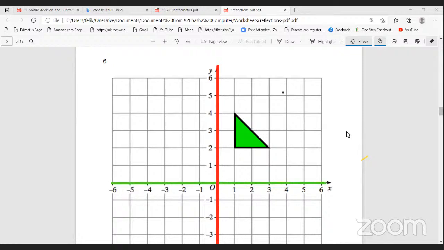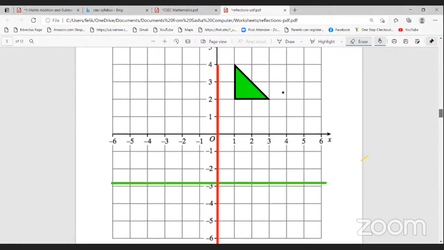Okay, so we are reflecting this triangle.